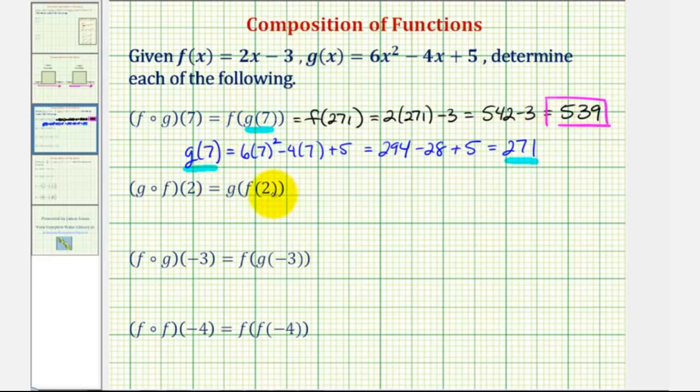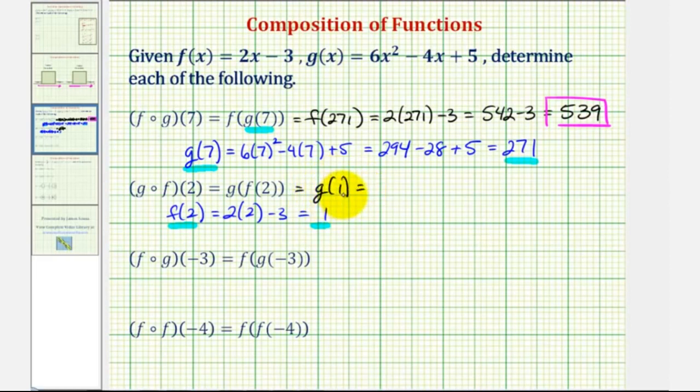Next we have g of f of 2. We'll begin by determining f of 2, the inner function value. So f of 2 would be equal to 2 times 2 minus 3. Well, that's just 4 minus 3, or 1. And again, since f of 2 is equal to 1, we can rewrite g of f of 2 as g of 1.